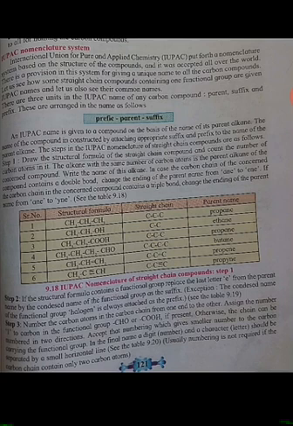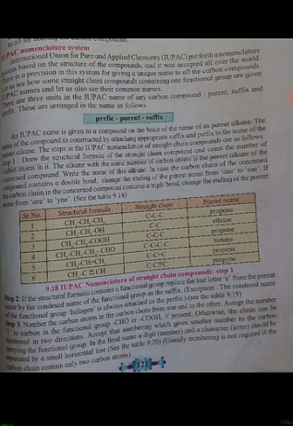In the fourth example, the structural formula is CH3, CH2, CH2, CHO. Here there are four carbons present in the straight chain, C-C-C-C. The parent name is butane.